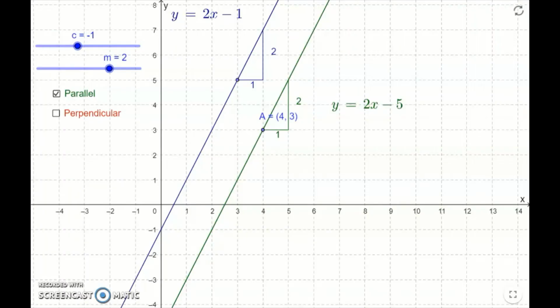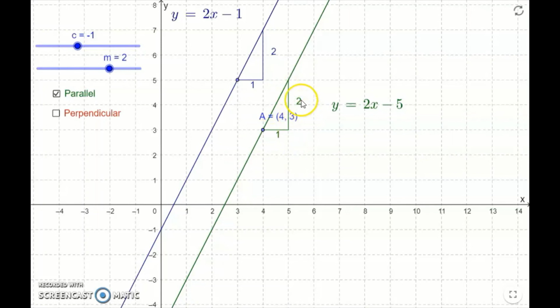Here we can see the equation of parallel lines. My blue line here is y is 2x minus 1. We have a rise of 2 and a run of 1, so a slope of 2, and the y-intercept is minus 1. And here I have a line parallel to that, passing through the point 4, 3.